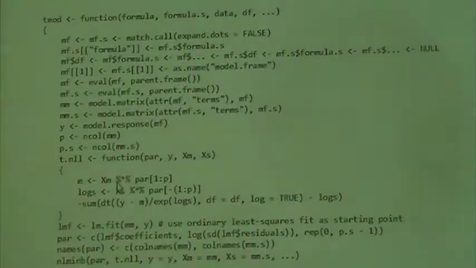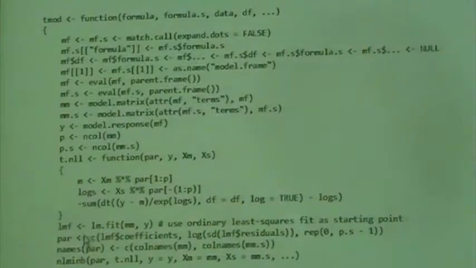log likelihood function. I start off with the ordinary least squares fit. Starting parameters are taken directly from that. And I just use nlm to minimize the log likelihood as a function of these parameters.